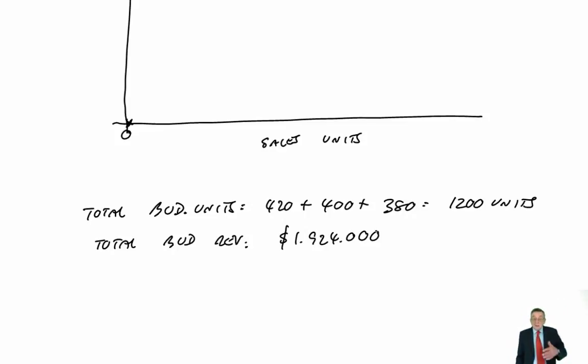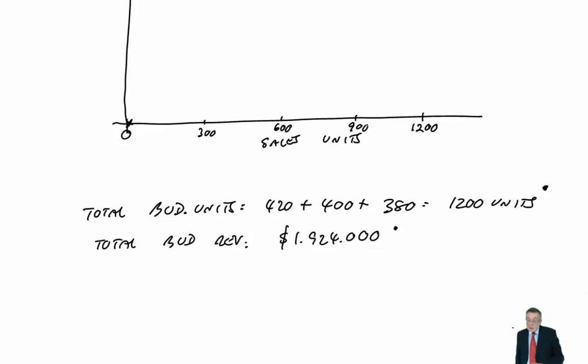And so to fix our axes, to make sure we get a nice big graph that fits on, we simply need to make sure that units go up to 1,200 and that revenue goes up to 1.9 million. So I say mine's not accurate. You had graph paper in the exam, but if the units go up to 1,200, so roughly that's 600, roughly that's 300, that's 900.